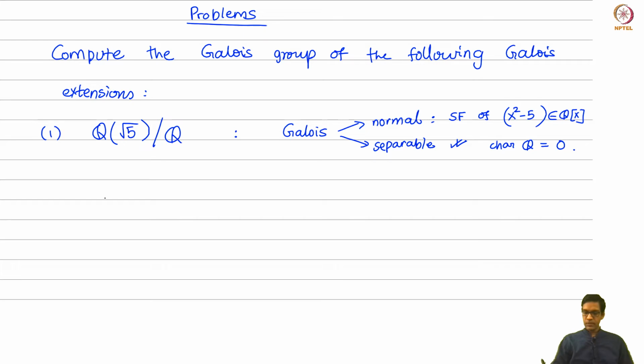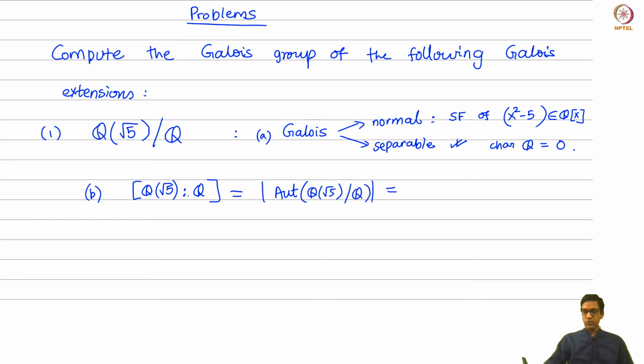We know the cardinality of the group is exactly the degree of the extension, and Q(root 5) over Q is of course a degree 2 extension, as we have seen before. Therefore, the Galois group must have two elements. So, what are they?